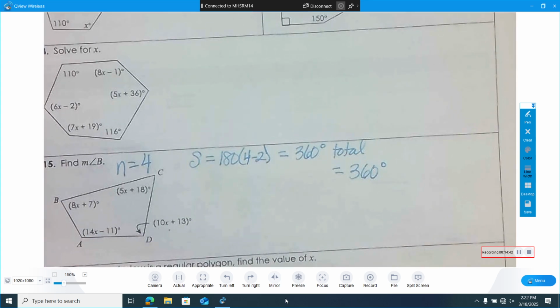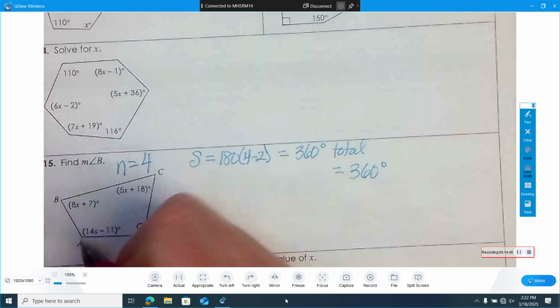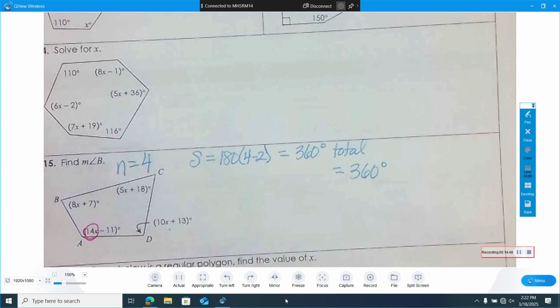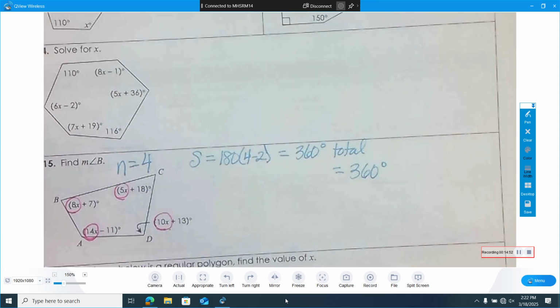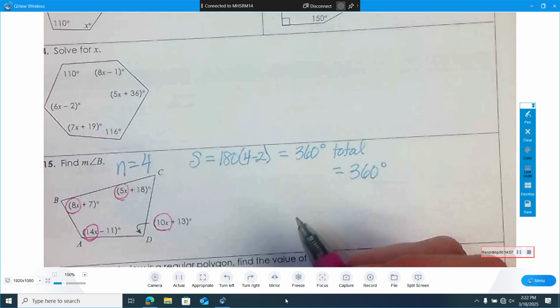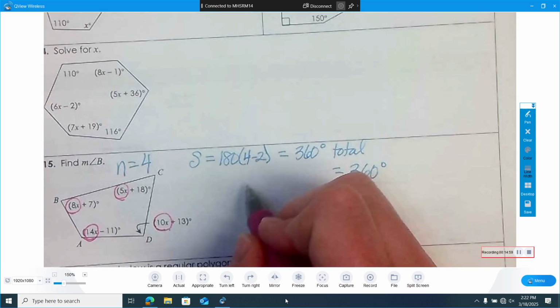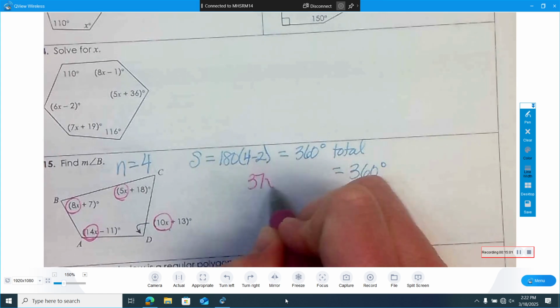Do I need to write all that out, or can I just combine like terms right now? Okay, so I'm going to combine all my x's. I've got 14x plus 8x plus 5x plus 10x, which gives me a grand total of? 37 x's.